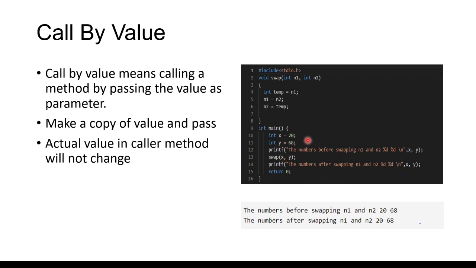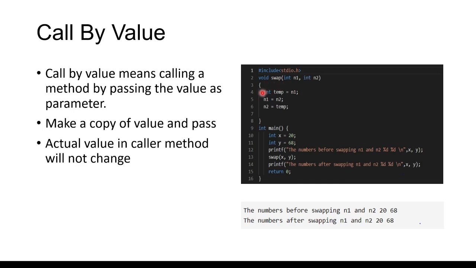We will make a copy of this 20 and pass the copy. Similarly we will create a copy of 68 and pass it to the swap method. When the copies of 20 and 68 are passed to the swap method, in this int n1, n2, they won't contain the x and y values directly. They will contain copies of these values.